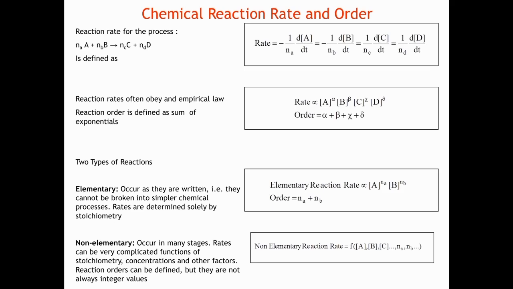And non-elementary are if you sum, for example, A plus B going to C plus D would be the elementary reaction, or C plus D going to EF would be an elementary reaction. A plus B going to EF will be a non-elementary reaction, because that could be broken down into these simpler parts.